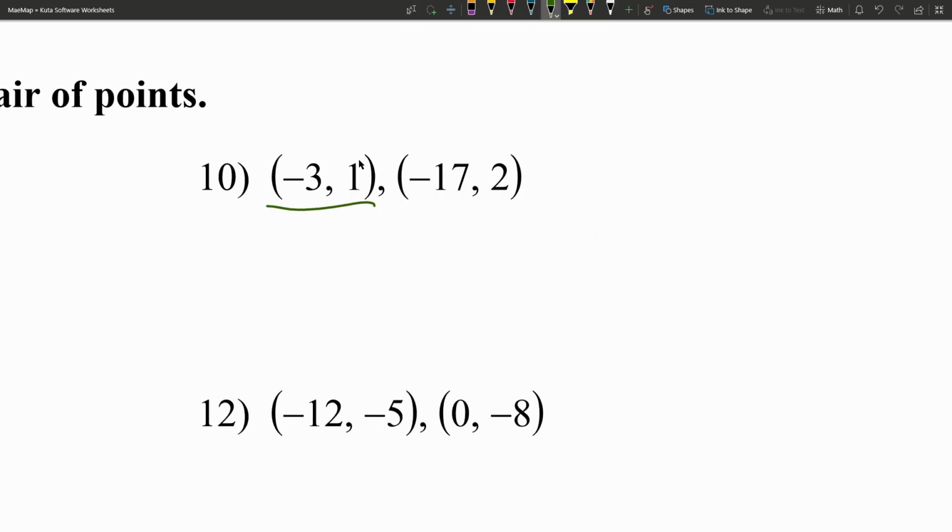Starting with my first point, I'm going to take that y value of 1 and subtract the other point's y value of 2 and divide that by the first point's x coordinate of negative 3 minus the second point's x coordinate of negative 17. 1 minus 2 gives me a negative 1, all over negative 3 minus a negative 17 is negative 3 plus 17, which is a positive 14.